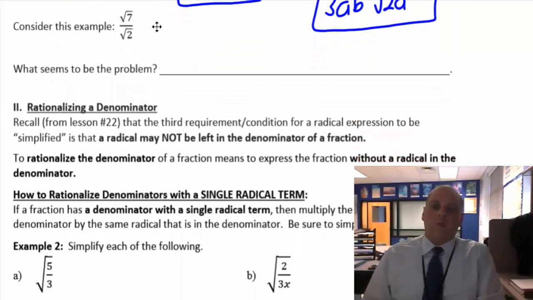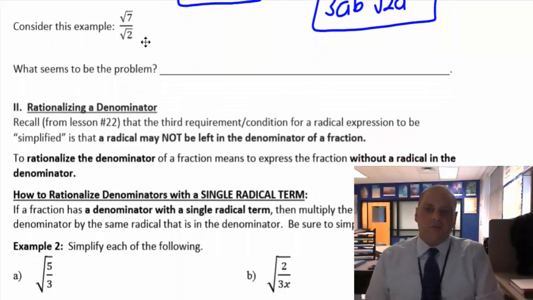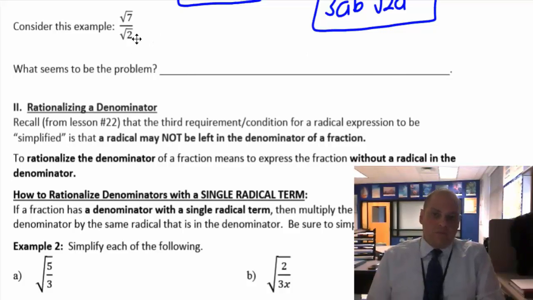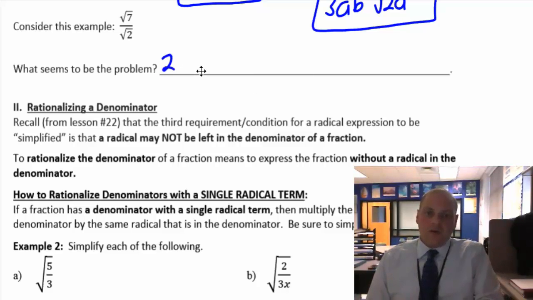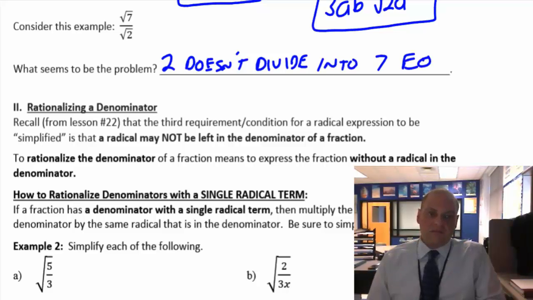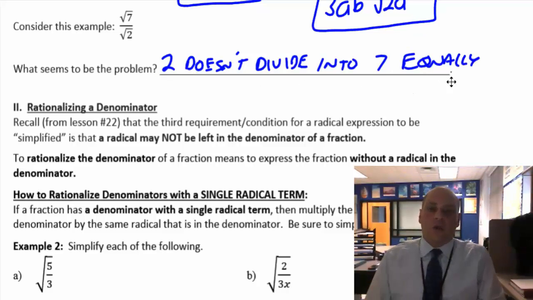Consider this example, radical 7 divided by radical 2. What seems to be the problem here? Well, the problem is, hopefully you see, that 2 does not divide into 7 equally. An equal number of times.